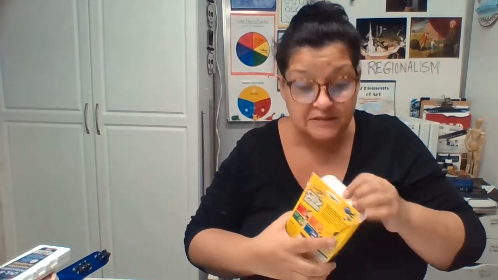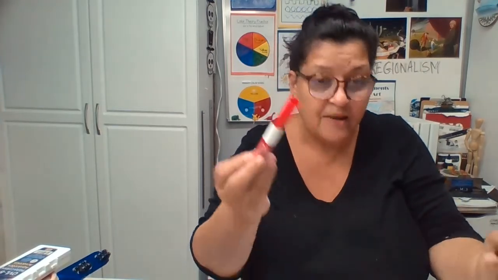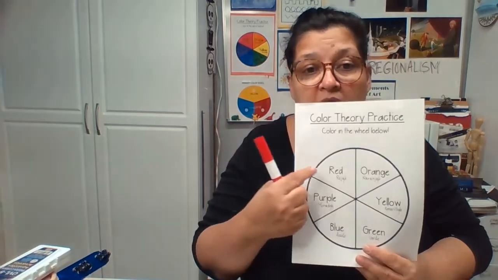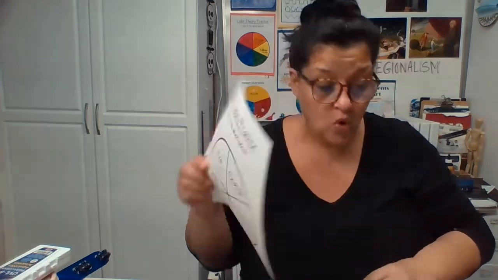So I'm going to start with red, which means I'm going to use these big fat markers, because they cover the space fast and they're good colors. I'm going to take my red marker and start coloring in the piece of the pie that says red or roja.